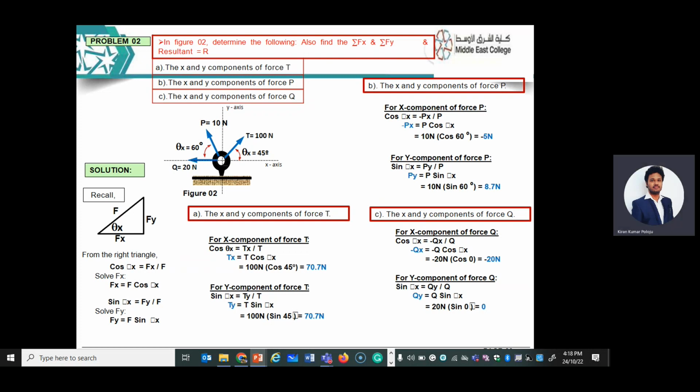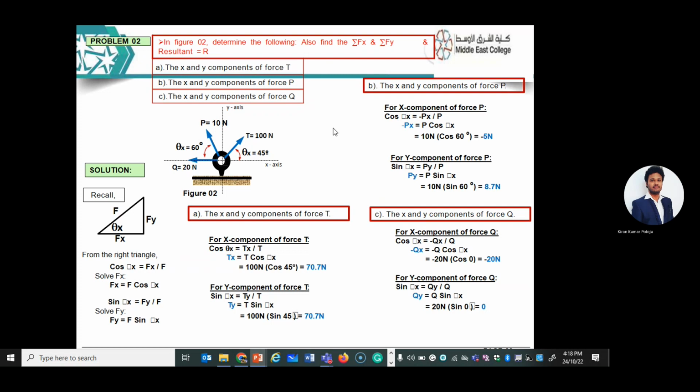We can say upward left, upward right, isn't it? So these are the three forces given. The angle for force T is 45 degrees. The angle for force P is 60 degrees. And the angle for force Q is 0 or 360 degrees, since it is horizontal.